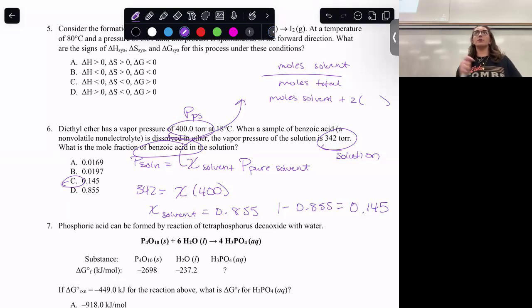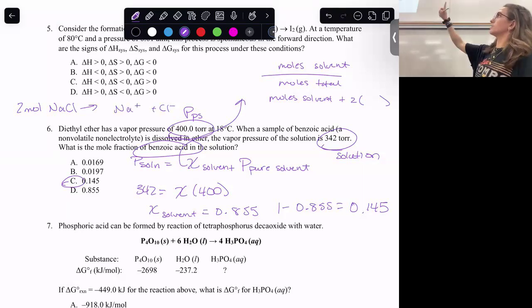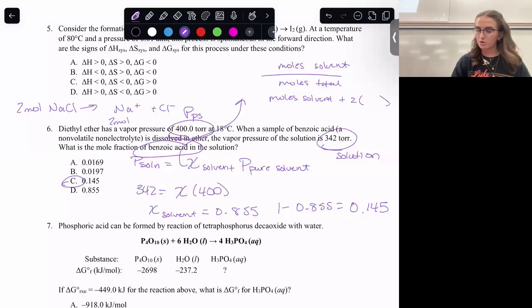You multiply the number of moles of that solute. So if you had 2 moles of NaCl, this breaks up into Na plus and Cl minus. This is all 1 to 1 to 1. So if you have 2 moles of NaCl, that means you have 2 moles of Na and 2 moles of Cl.